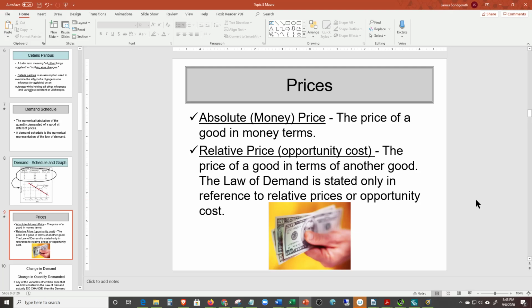But let's just say that all other prices also double. What you would find is that the quantity demanded hasn't changed at all when the absolute price has doubled. And the reason for that is that the opportunity cost, that is, all other prices, have increased. So in this course, we're going to be talking about measuring the average change in price levels.